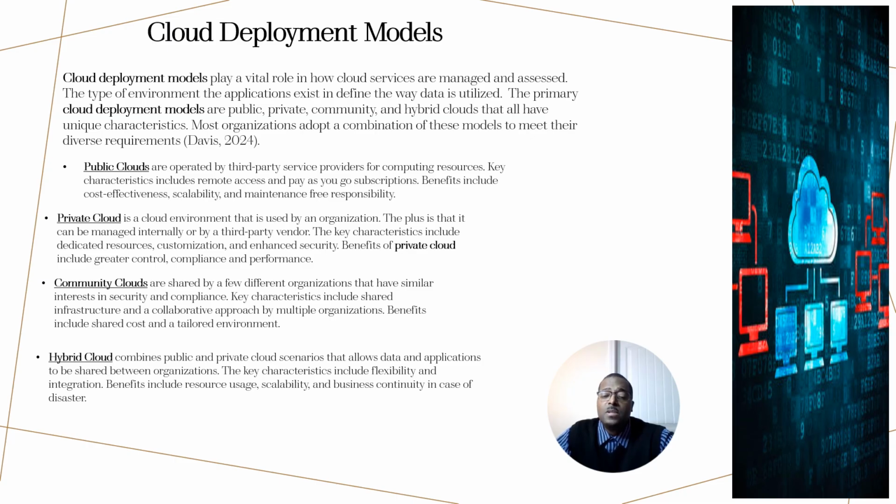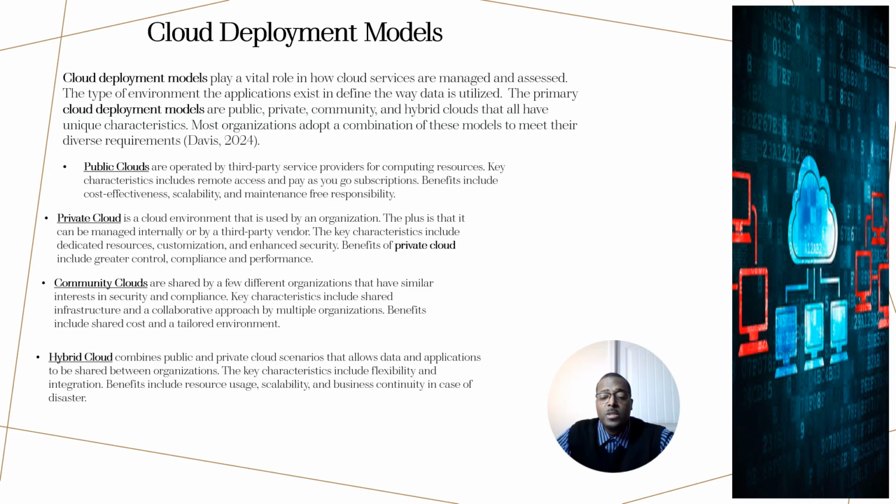With private cloud, the key characteristics are dedicated resources, customization, and enhanced security. Community cloud is shared by a few different organizations that may have similar interests in security and compliance.